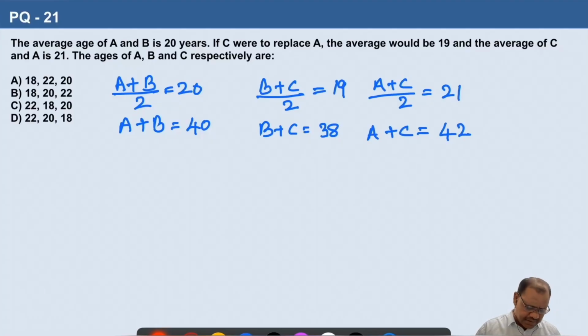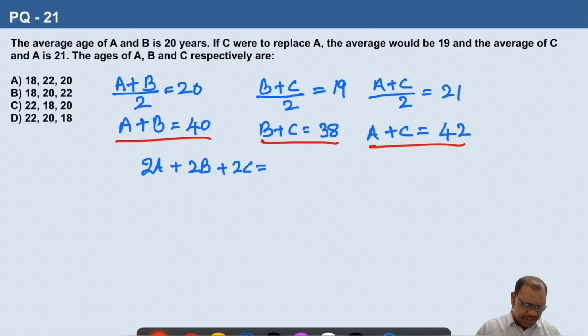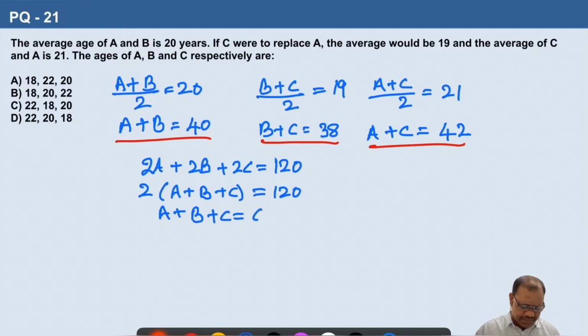So if you add all these three equations, A plus A is 2A, B plus B is 2B, plus 2C. 40 plus 38, 78. 78 plus 42, 120. So take 2 common, A plus B plus C is 120, so A plus B plus C is equal to 60. 120 by 2 is 60.